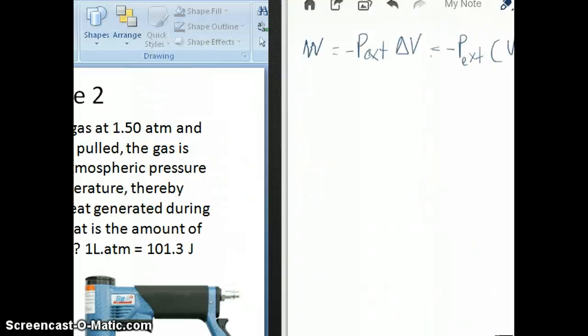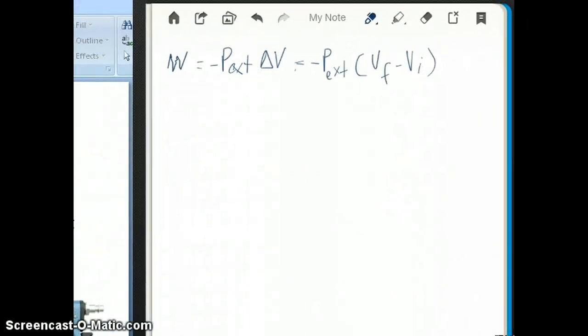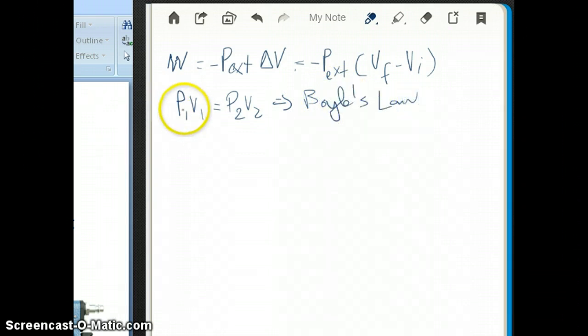Now, if you remember in the previous topic when we talked about gases, we talked about that relationship, which is P1 V1 equals P2 V2, and this is of course what we refer to as Boyle's law. Boyle's law says that pressure and volume are inversely related to each other.